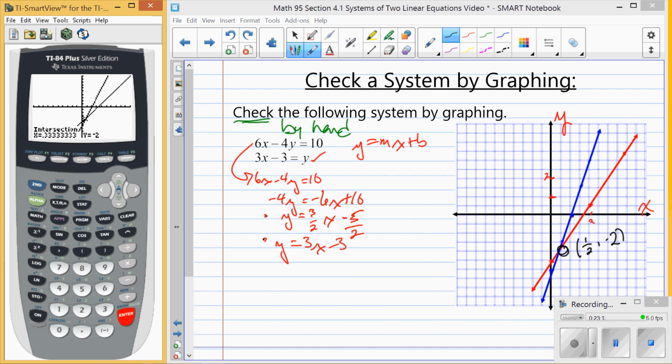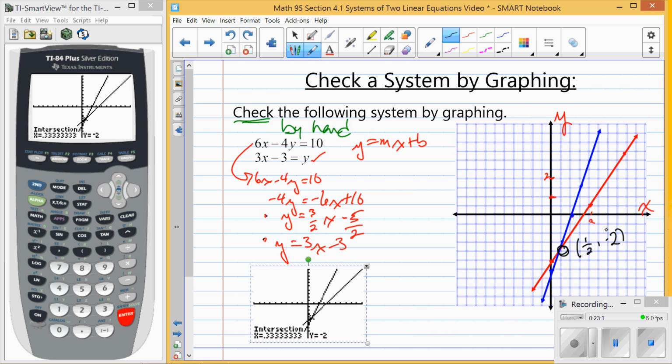And the solution it gives us is not 1/2. We were supposed to be at 1/3. So that's not a problem. Don't freak out. It just means that we were estimating. This 1/2 was an estimate, because we solved this by graphing, or checked it by graphing.